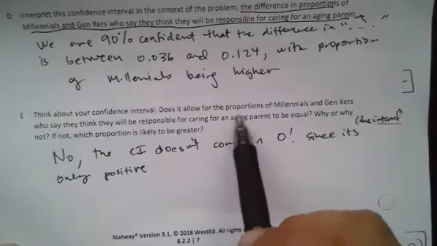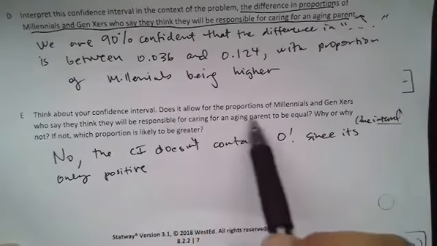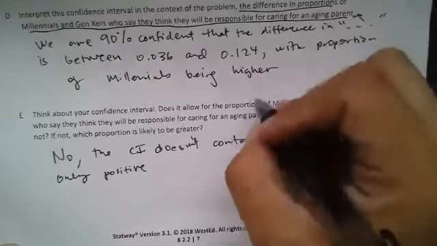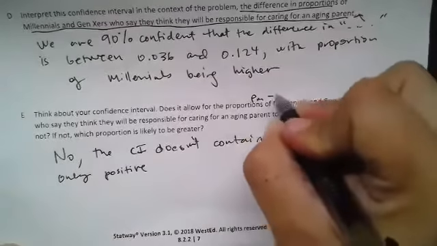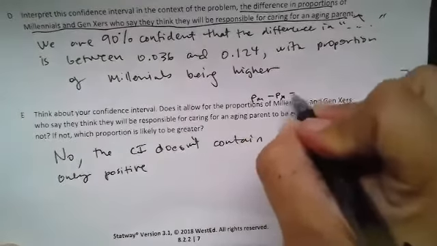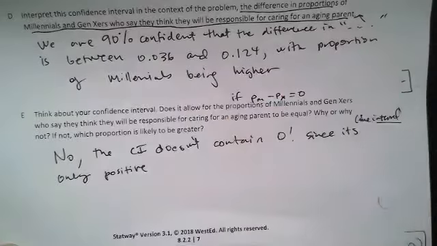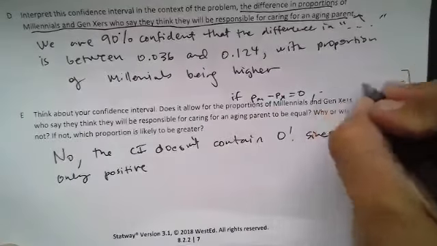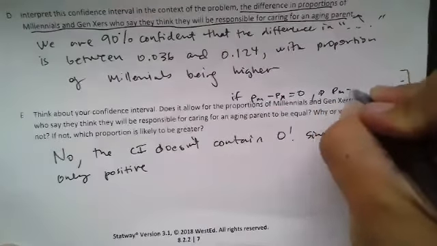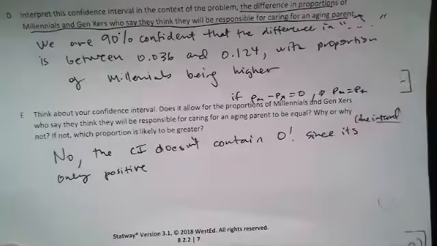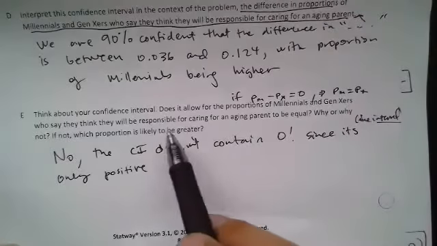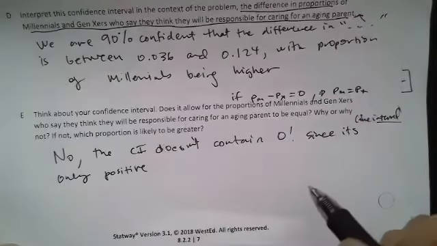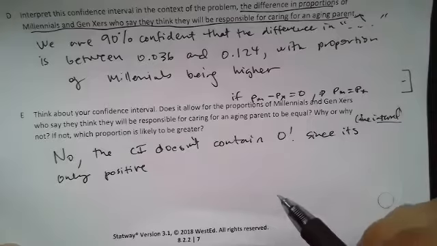Because if it did contain 0, that means that the proportions are equal. That means that PM minus PX equals 0. If it was, then you could say that implies that PM could equal PX. That is a possibility, but it's not, right? Yeah, they're different. The intervals are different. Yeah, since it's only positive.